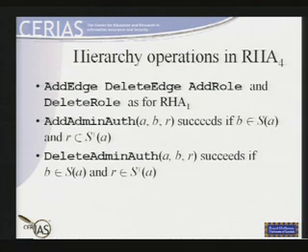If you want to change the admin authority relation, that's fine too, but the second part of the pair that you add to this relation has to be in the strict administrative scope. But otherwise, it all works fine.